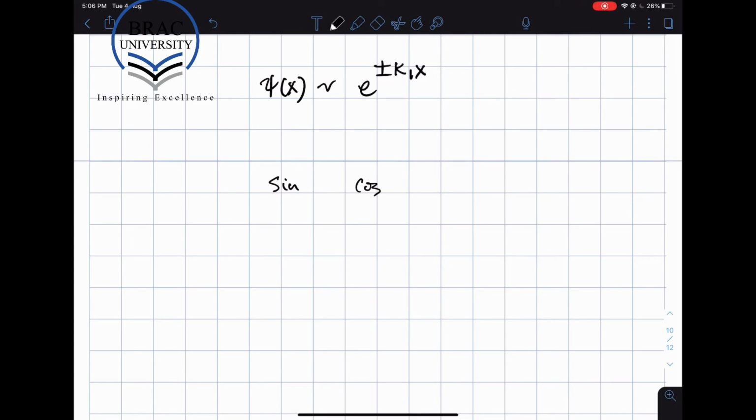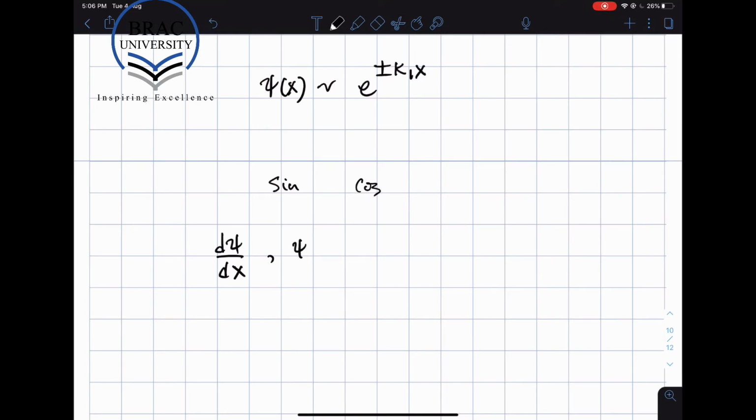Now, how are we going to match up these two solutions? Remember that for finite potential wells, we have to match both the first derivative of the wave function as well as the wave function across boundaries.